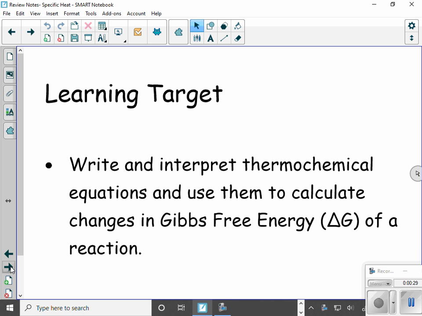Okay. Oh, actually, no, this is a new one. We need to write and interpret thermochemical equations and use them to calculate the changes in Gibbs free energy, delta G. So, we're going to use these thermochemical equations to help us with the free energy calculations.